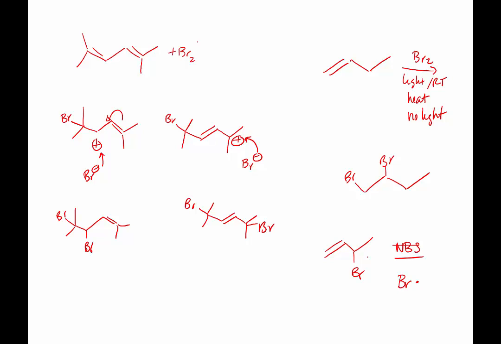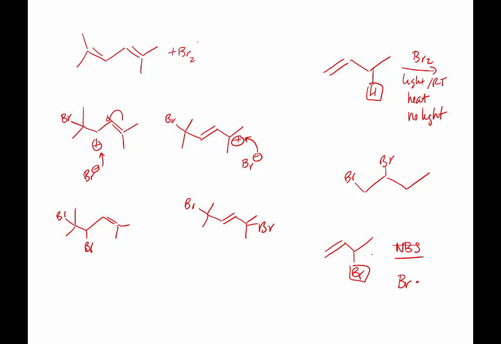It's NBS. So add 2 bromines or bromine and hydrogen? The NBS substituted this hydrogen with that bromine by a free radical mechanism. Right? Initiation, propagation, termination. So at the top when you wrote plus Br2, you technically meant NBS.